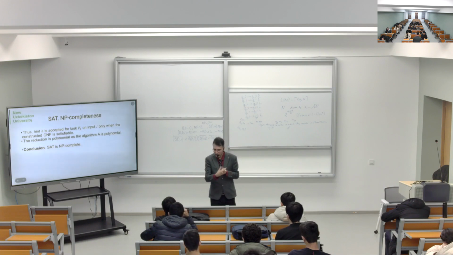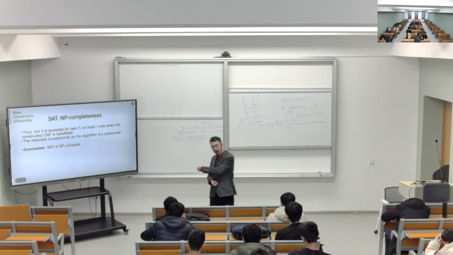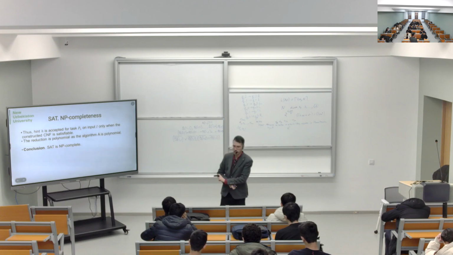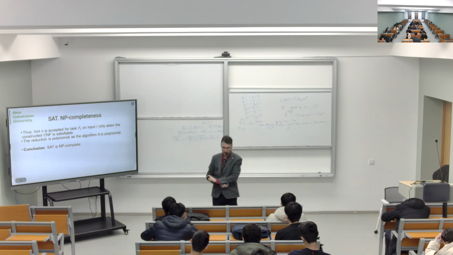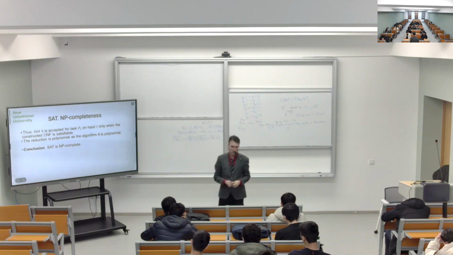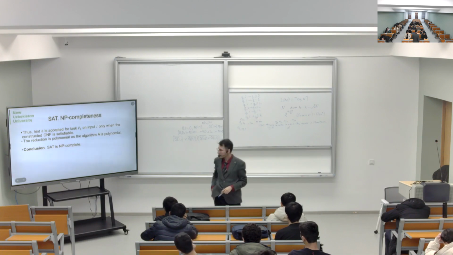But we said, because the problem is NP, non-deterministic polynomial, and we are checking the hint, the algorithm should work in polynomial time. So the number of steps is polynomial. So the number of those equations is polynomial. That's why we say the reduction is polynomial time. Now we proved that SAT, satisfiability, is indeed an NP-complete problem.